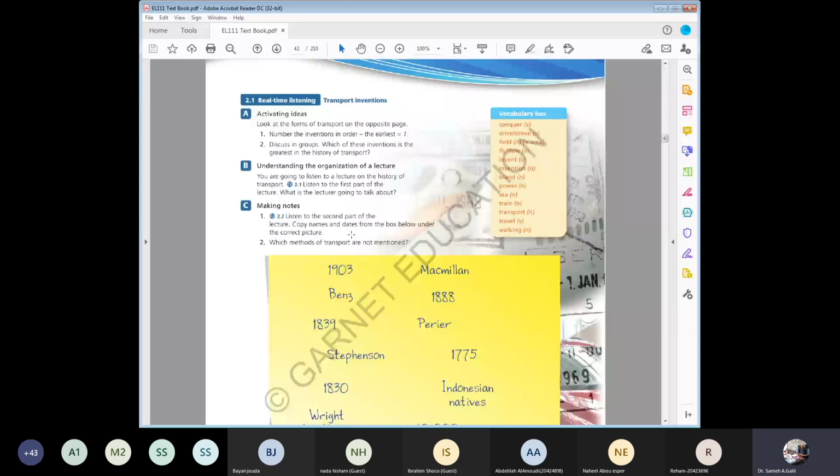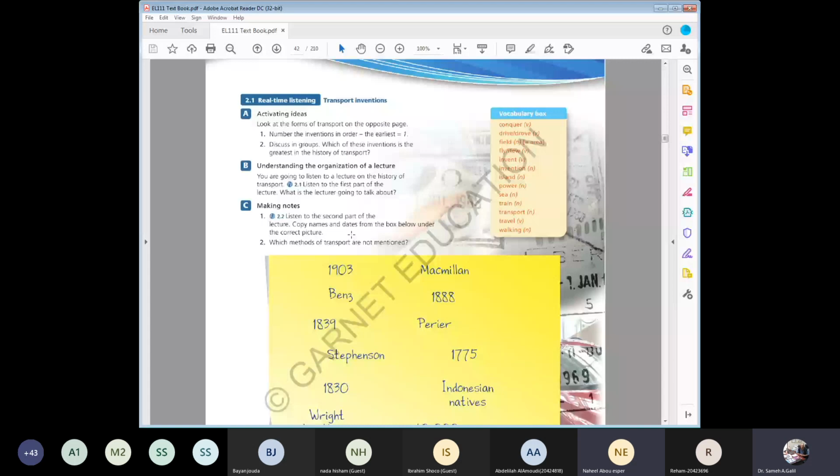So again, the structure that we're talking about grammatically is called superlative. Now, in Arabic, we call it أفعل التفضيل. بنقول الأجمل، الأكبر، الأصغر، الأغنى، الأذكى. This is called superlative.